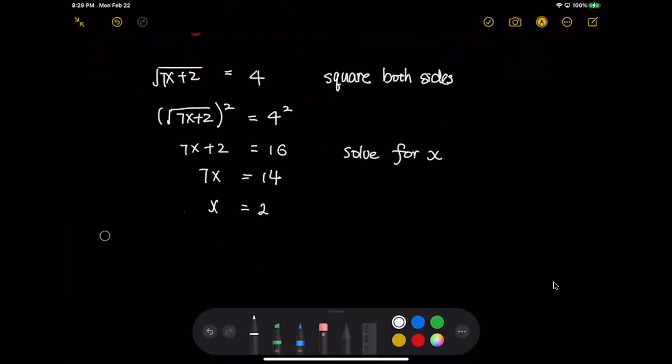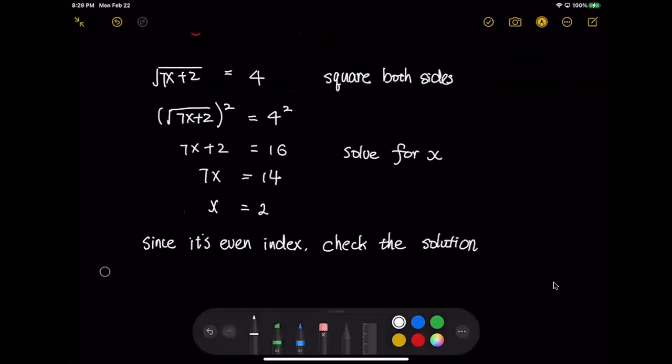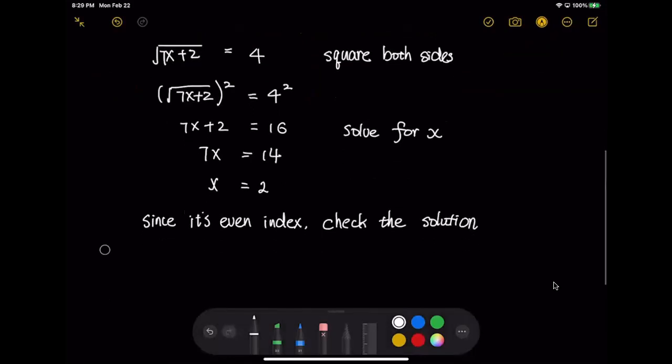Again, you can't just circle the answer. You have to check since it's even index. That means we need to check the solution. What you do is substitute x equals 2 into the original equation, which is square root of 7 times 2 plus 2, question mark, if this equals 4.